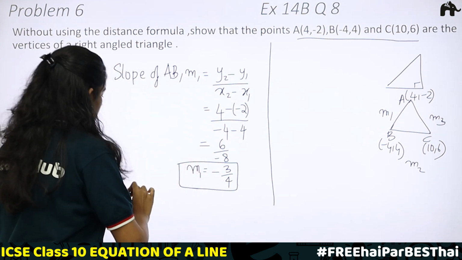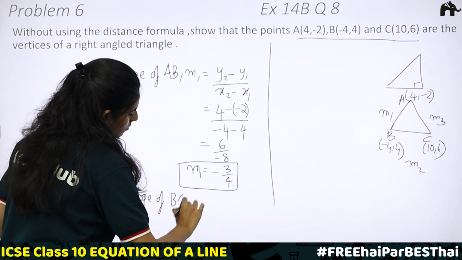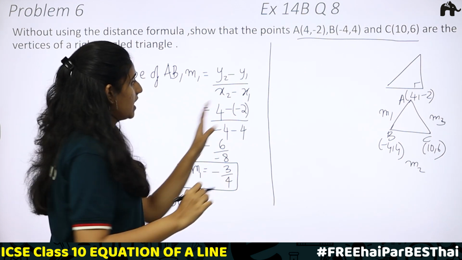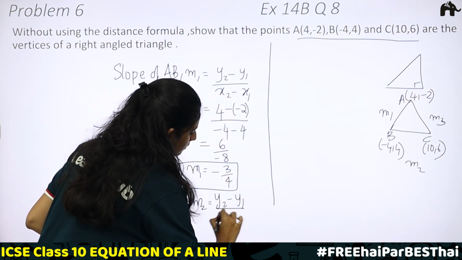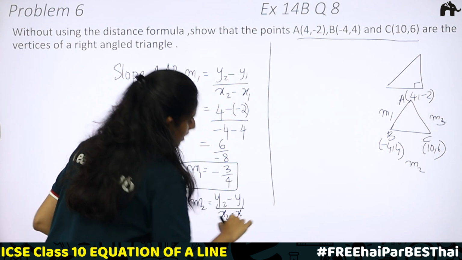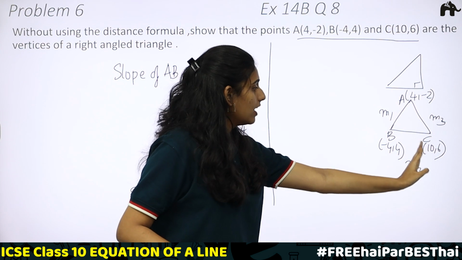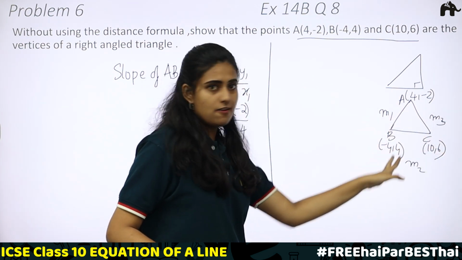Now let us find the slope of BC, which is M2. Again, y2 minus y1 divided by x2 minus x1. Here we will be taking the coordinates of C as x2, y2 and the coordinates of B as x1, y1.